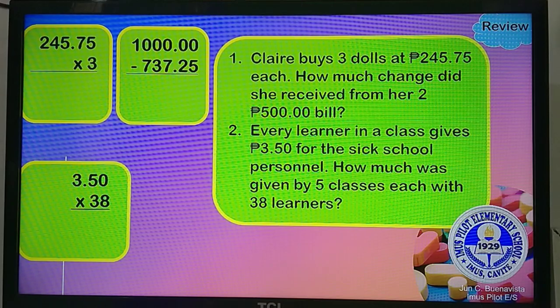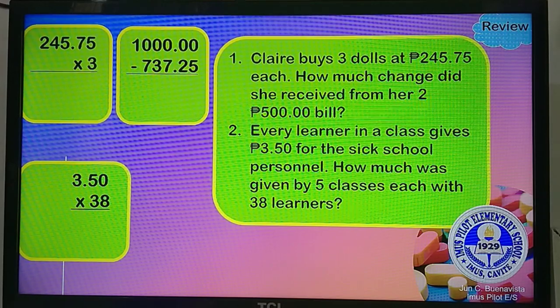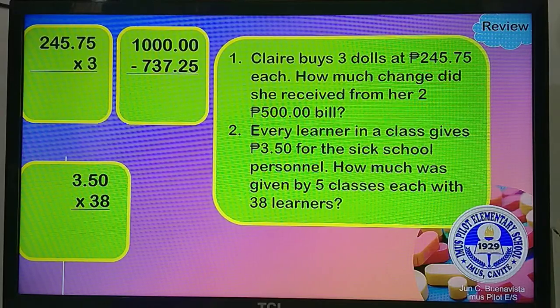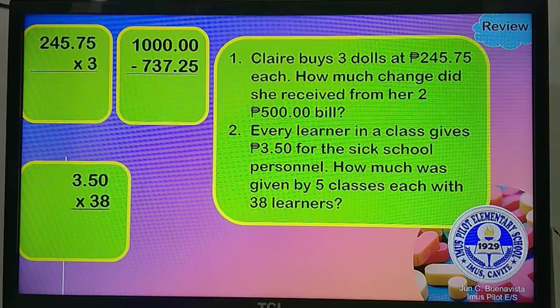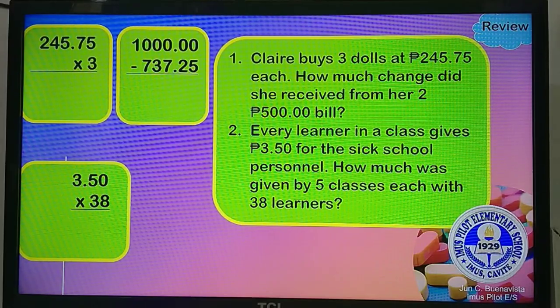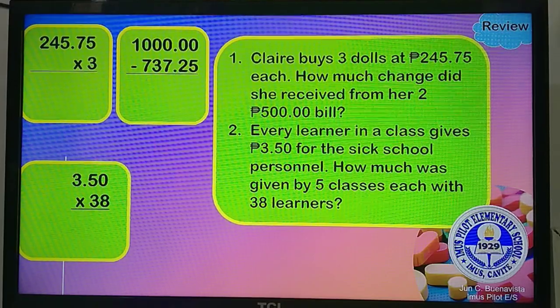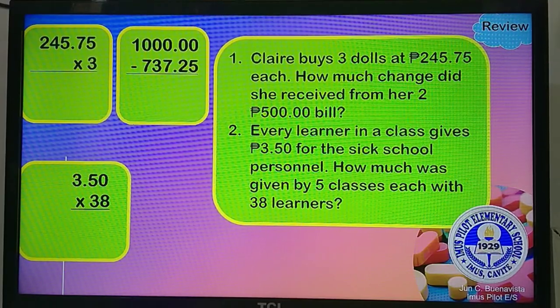3 times 5 equals 15. Bring down 5, carry up 1. 3 times 7 equals 21, plus 1 equals 22. Then carry up 2. 3 times 5 equals 15, plus 2 equals 17. Bring down 7, carry up 1. Then 3 times 4 equals 12, plus 1 equals 13.